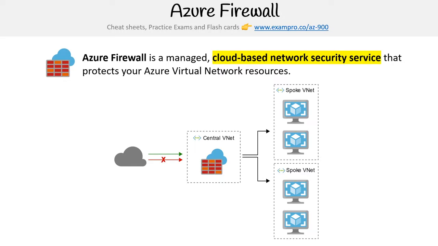And then you're going to have spoke VNets. So when I say spoke, I just mean other virtual networks that you've created that are intermediate to your traffic. So the traffic's going to pass through that VNet into those other ones, and our VNet with the firewall is going to decide what traffic's allowed to flow through and what's not to which other VNets that have specific virtual machines so that we get protection.